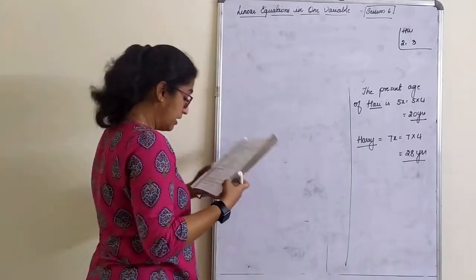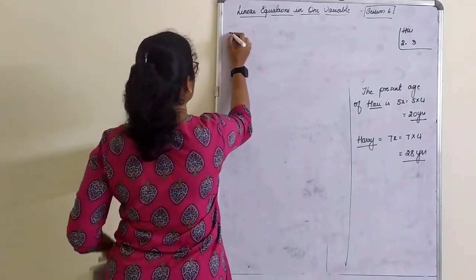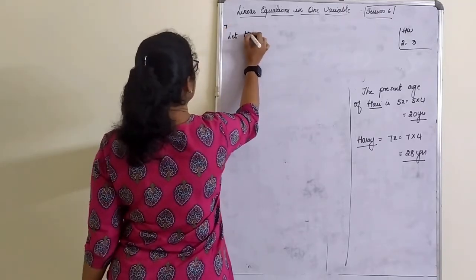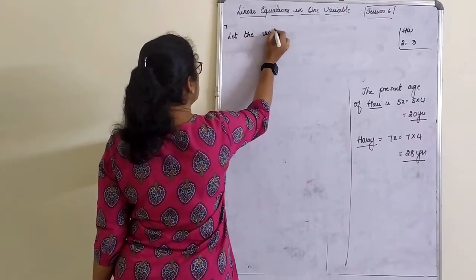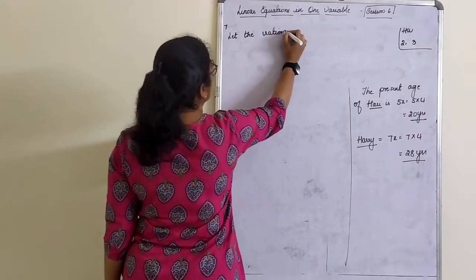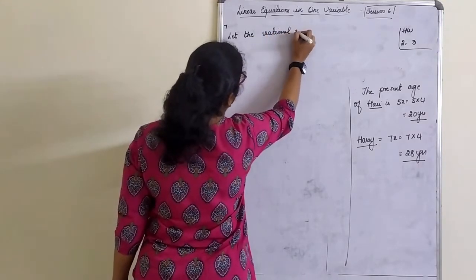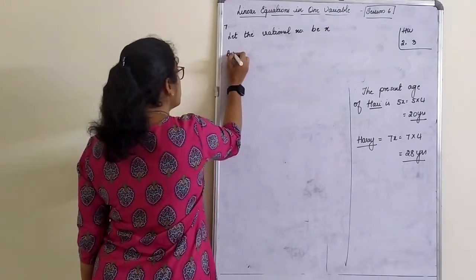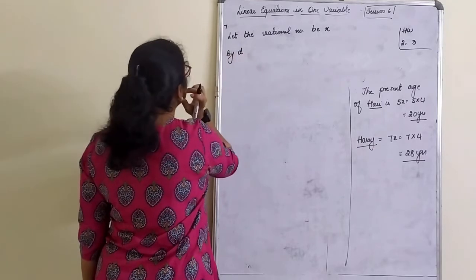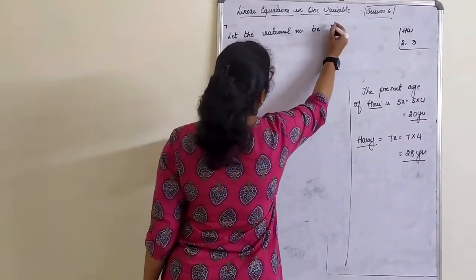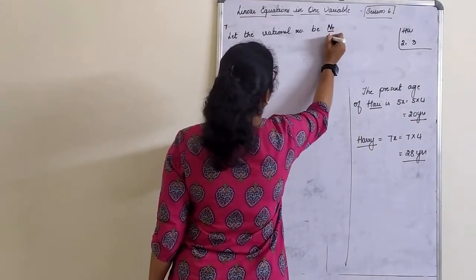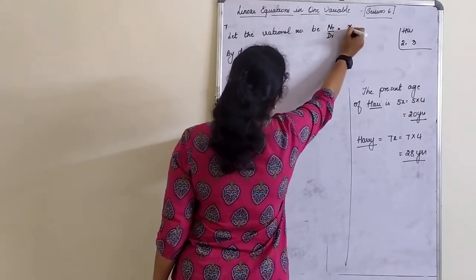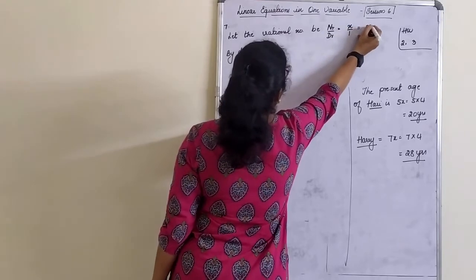So let the rational number be, question 7, let the rational number be numerator by denominator, which is x by 1, which is nothing but x.